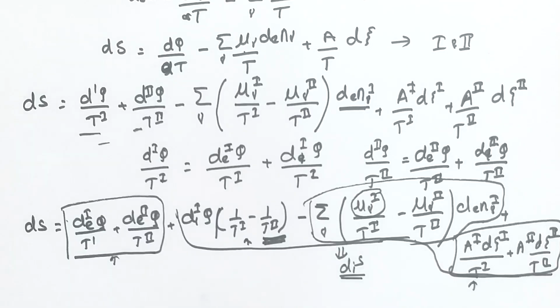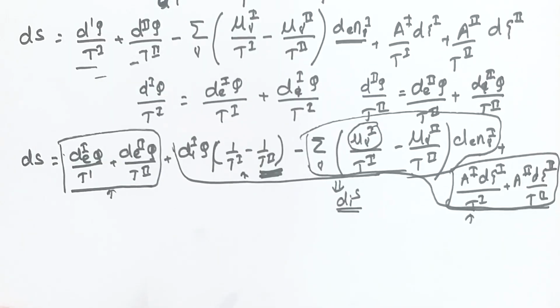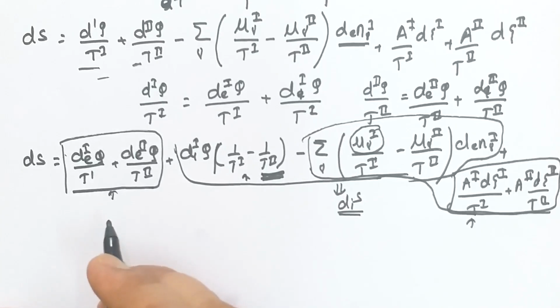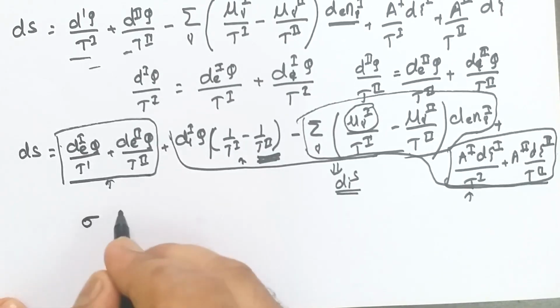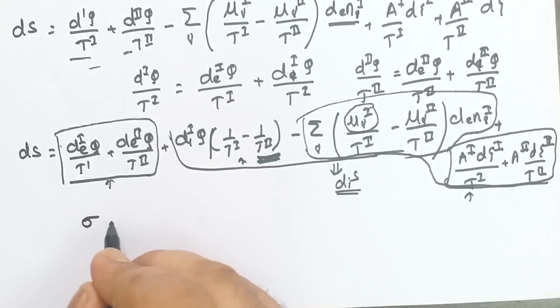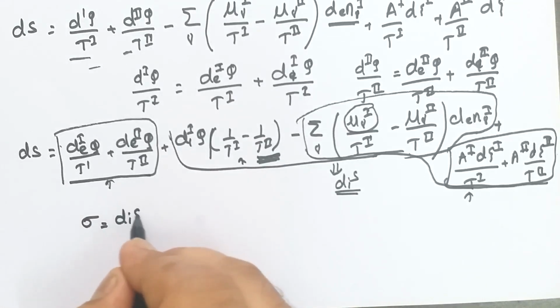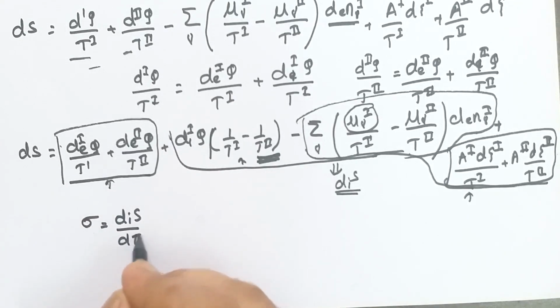So hence all the five terms represent the entropy production or entropy flow in an open system, and hence we can write entropy production, that is sigma, as dS upon dt.